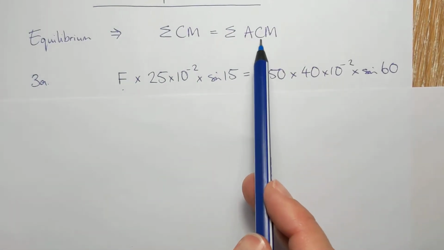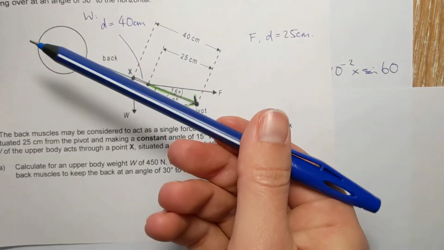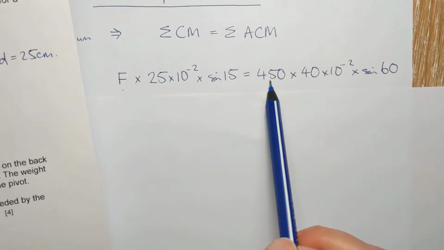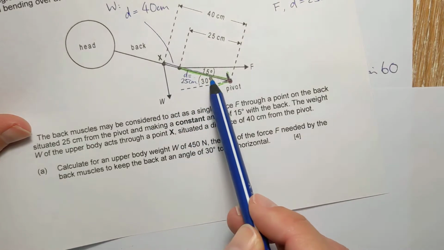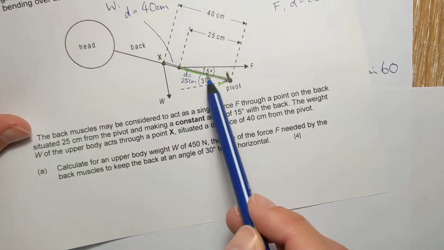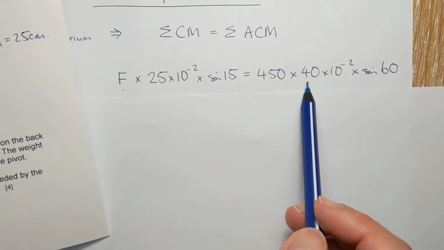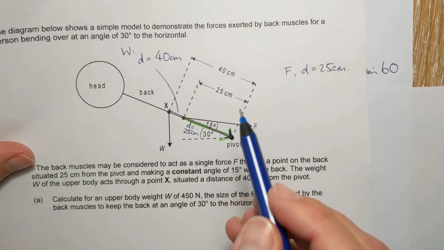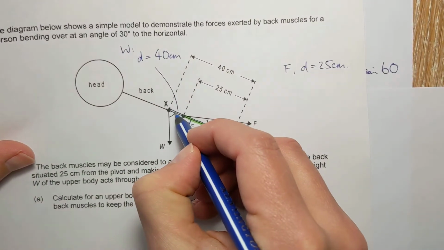And then for the total anti-clockwise moments, there's only one force trying to turn the person anti-clockwise, and that's W. So we've got the size of W times the displacement vector for W, that's 40 centimetres long, times sine of the angle between them.